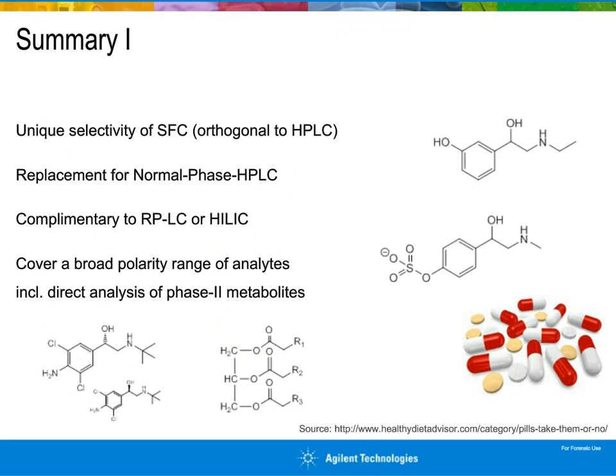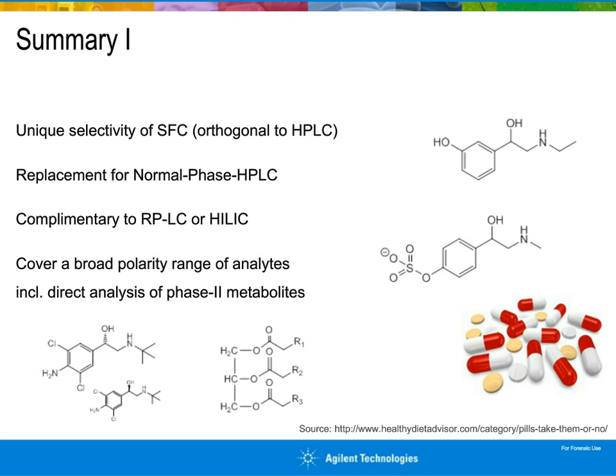I'm moving to the next slide. As a summary, I'd like to mention SFC gives you a unique selectivity. It's orthogonal to HPLC. It can replace normal phase HPLC, which usually works with much longer cycle times, not necessarily in the chromatography, but sometimes in the optimization of the column for the next injection.